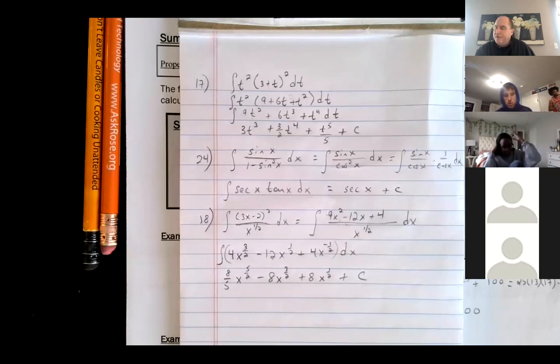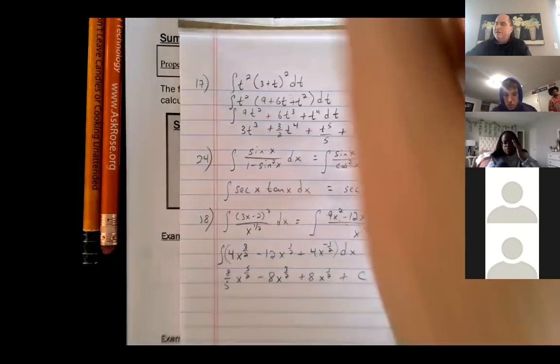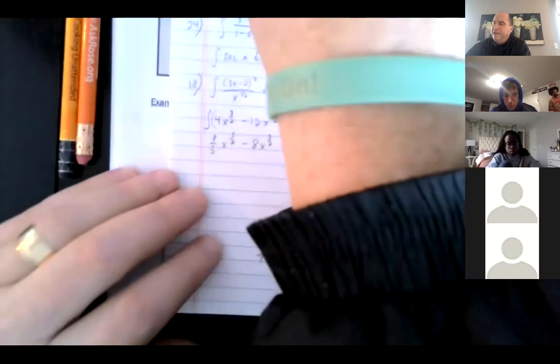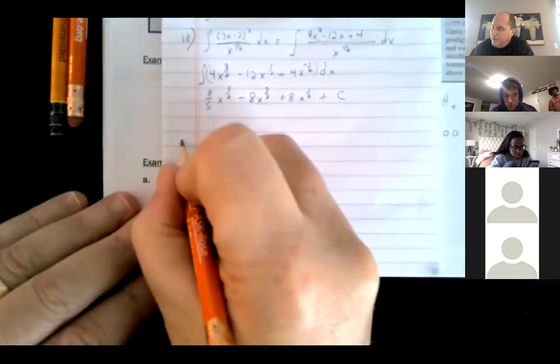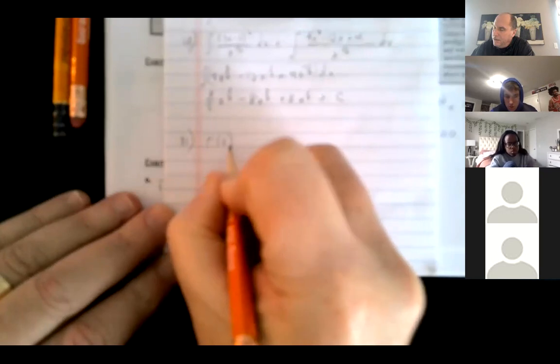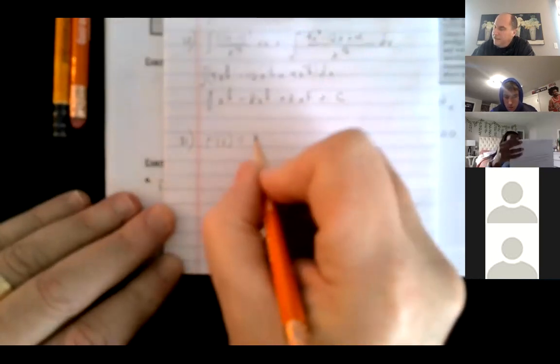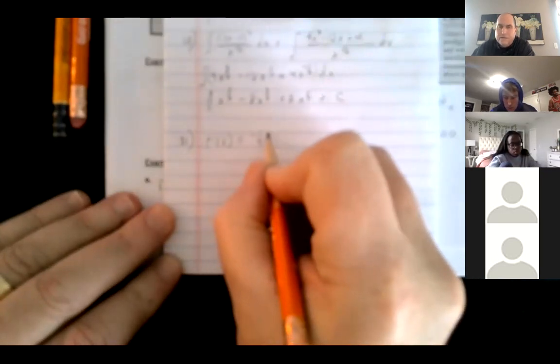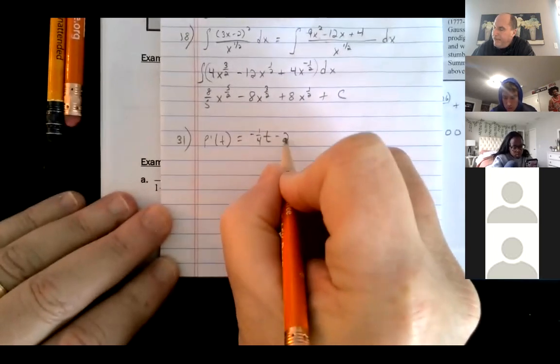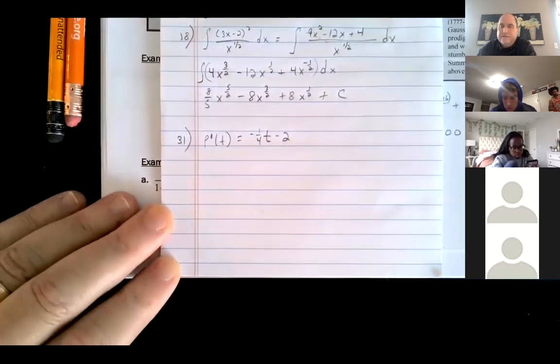Okay. So for 31, they give me this. This is the given. That's the rate of change. That's the derivative.